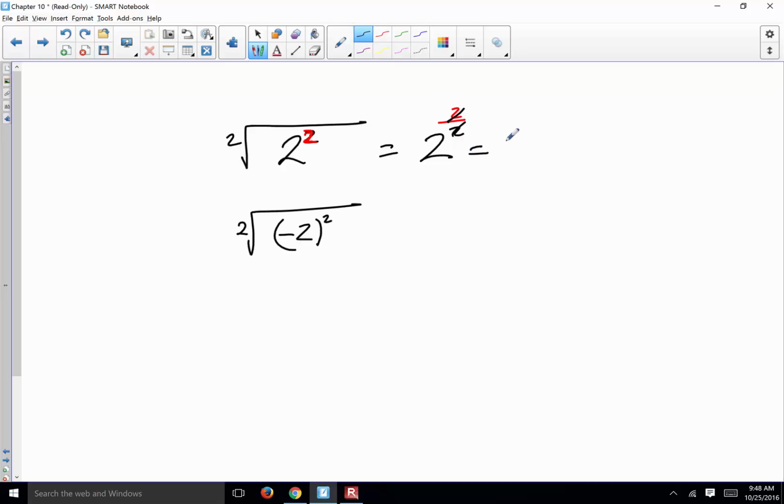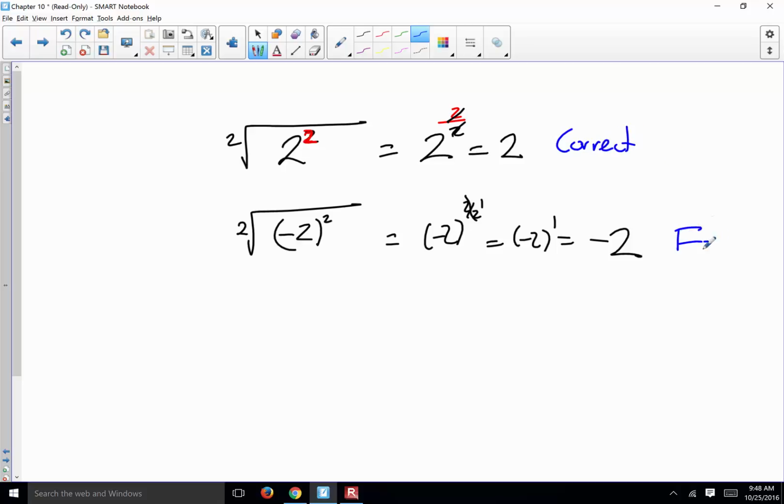You say the answer is 2. And here you do the same math. -2, 2/2. You cancel these. It's 1, and -2 raised to the 1 is -2. This is correct. This is false.